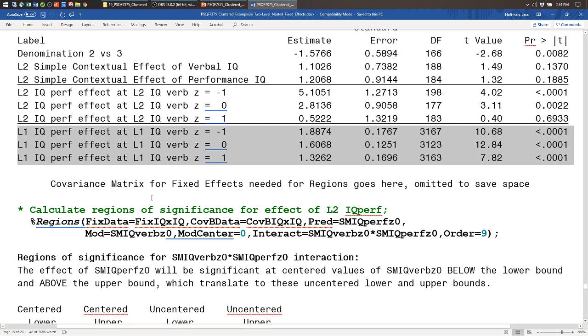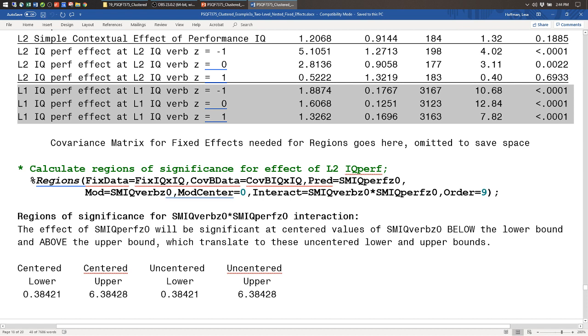So that's where regions comes in. The idea of regions of significance is taking the t-test for when you would pass, the t would pass that critical threshold for significance, and working backwards to figure out the slope at that point. So I have an Excel spreadsheet that I built that you can download as part of Chapter 2's materials from my books, and I think Chapter 7 I did it, and I also built a SAS macro that does this.